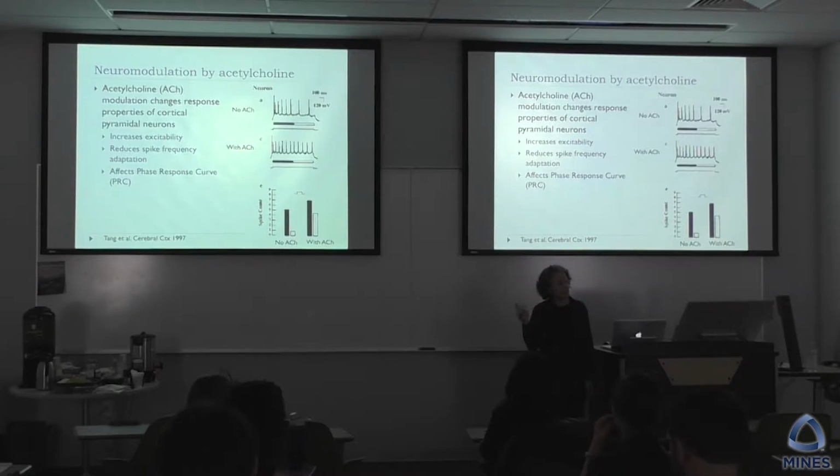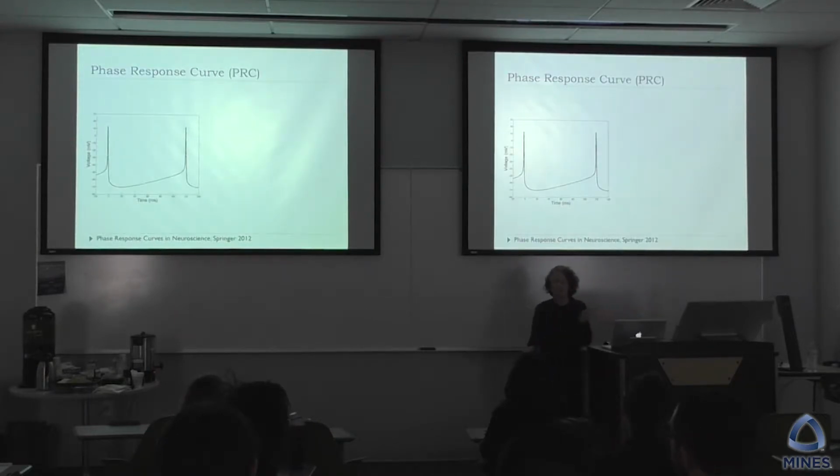Only recently have they been applied to neural firing, to characterize neuron responses. In the context of a neuron, a phase response curve measures the following. We have a repetitively firing neuron, firing action potentials periodically with a regular period.